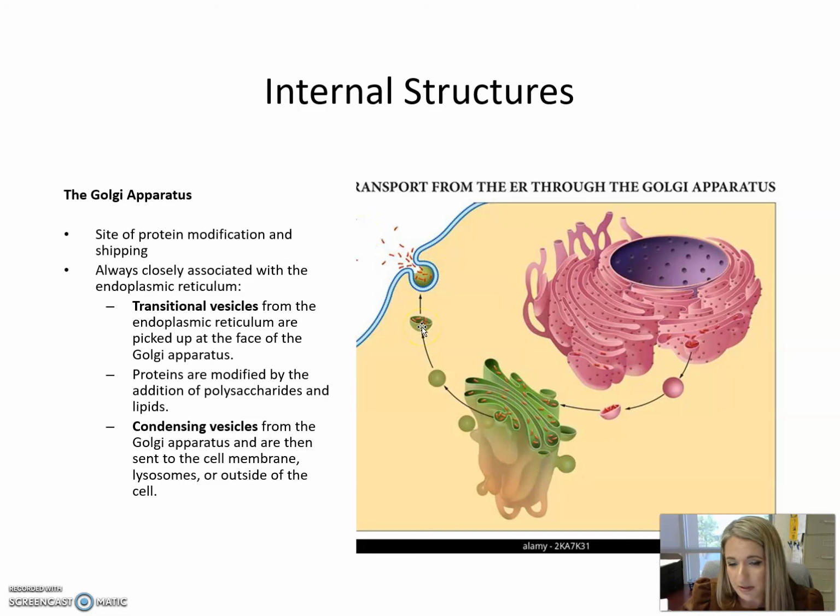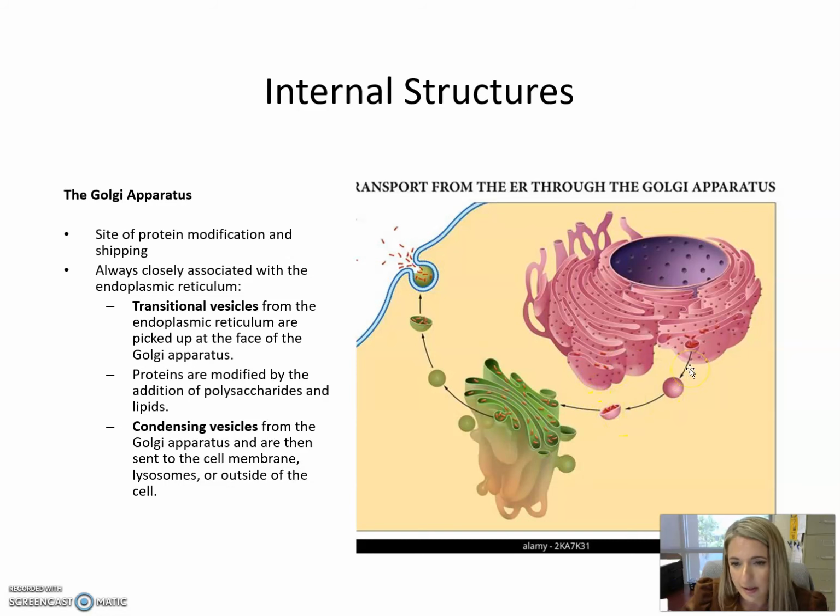But these proteins could also be sent to the cell membrane to be embedded for transport, or again, potentially the lysosomes to serve the role of digestive enzymes. Another thing that we have to add to this is transport vesicles.